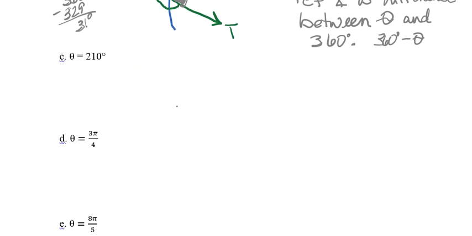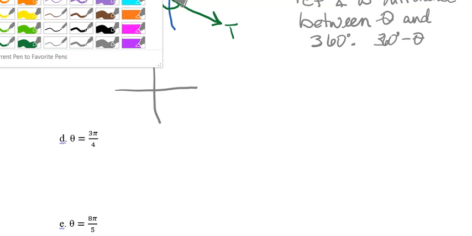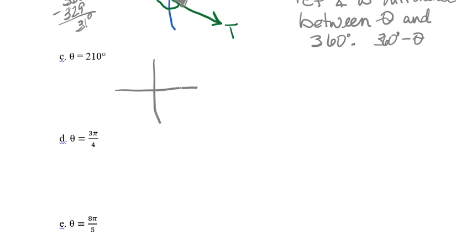On to C, 210 degrees. So I'm starting here, but I can't see anything. Here we go. So here's my initial side. Sorry it's so fat. 210, 90, 180, so I'm ending up in the third quadrant. The angle that I'm looking for is between the terminal side and the x-axis. So it's this angle created right here.